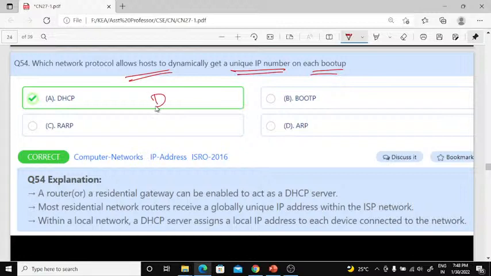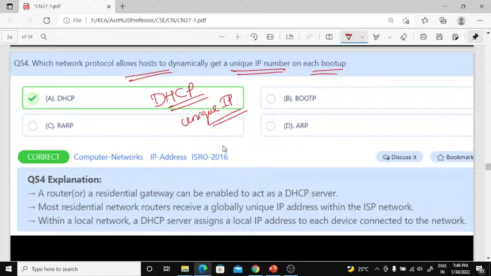Which network protocol allows the host to dynamically get a unique IP number on each boot up? Dynamic Host Configuration Protocol, DHCP. A router or residential gateway can be enabled to act as a DHCP server.